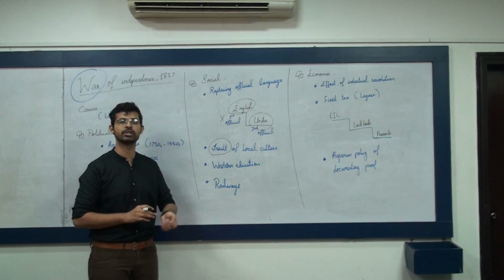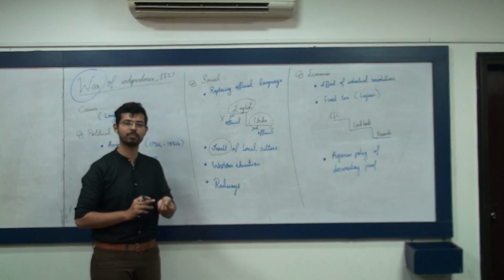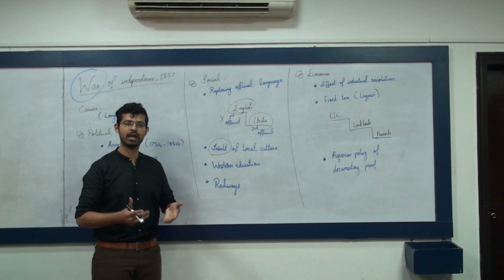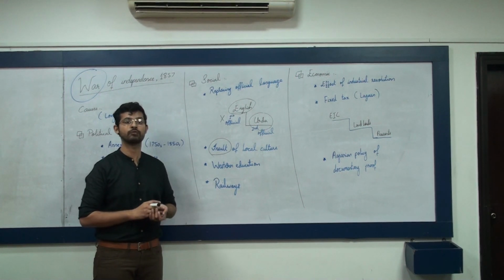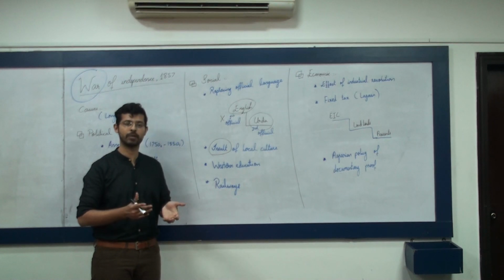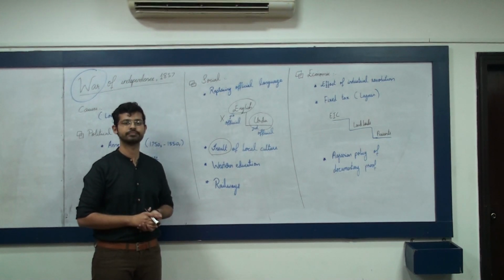Such remarks actually hurt the feelings of the people, and eventually this led to an uprising in India, what we know as the Revolt of 1857 or the War of Independence 1857.